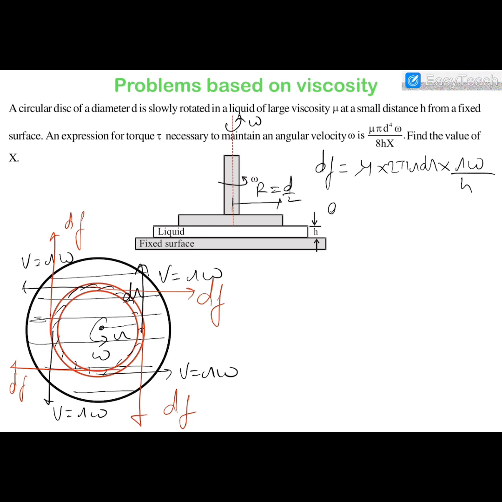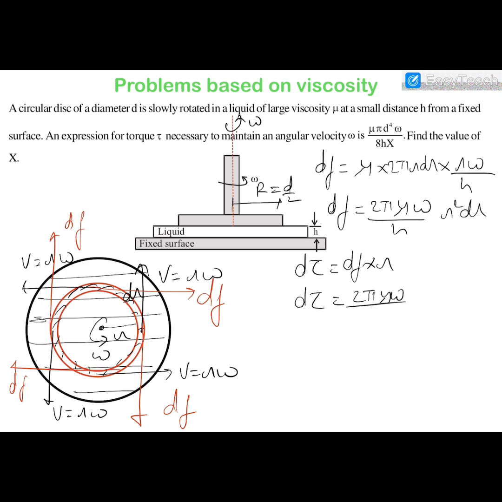So df will be equal to 2 pi mu omega by h into r square dr, and d tau, the torque, will be df into r. So d tau will be equal to 2 pi mu omega by h into r cube dr.